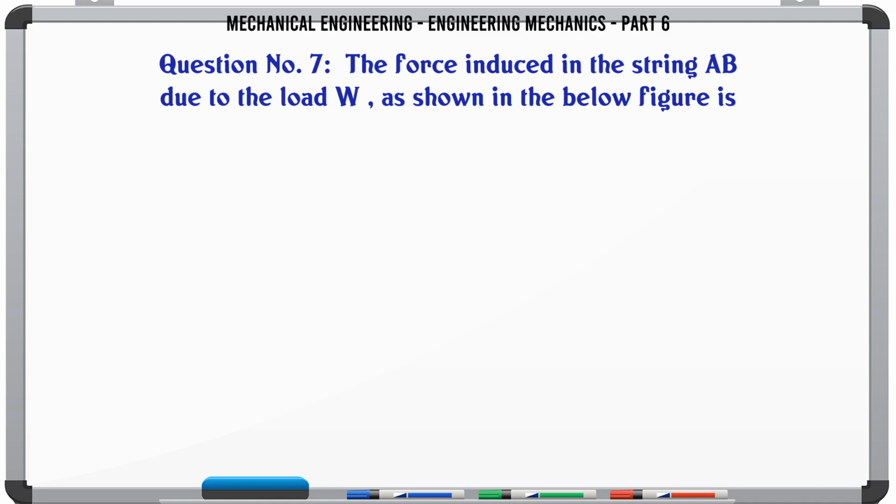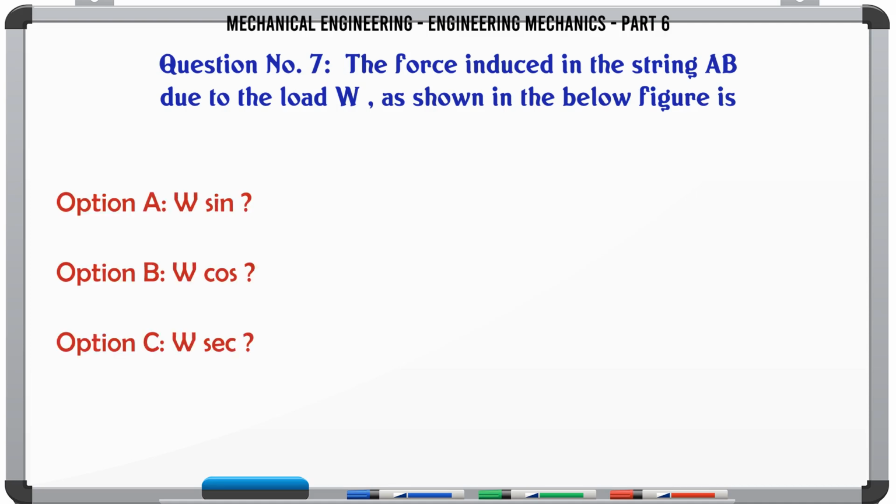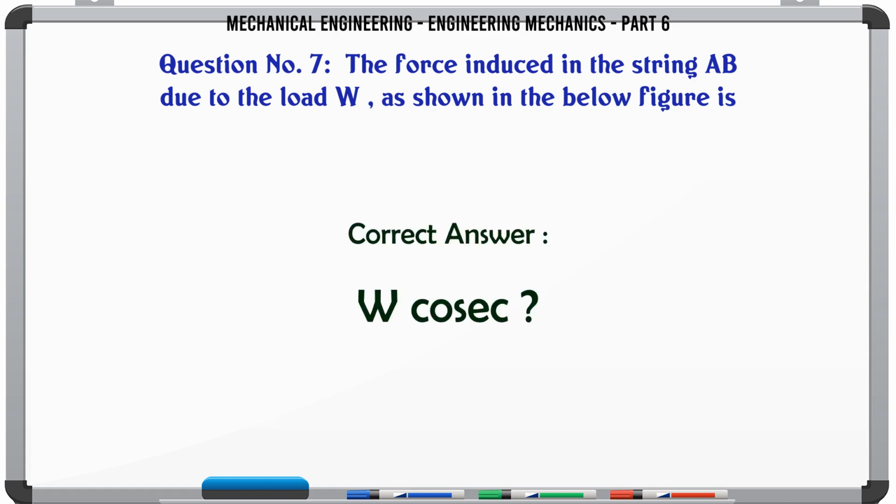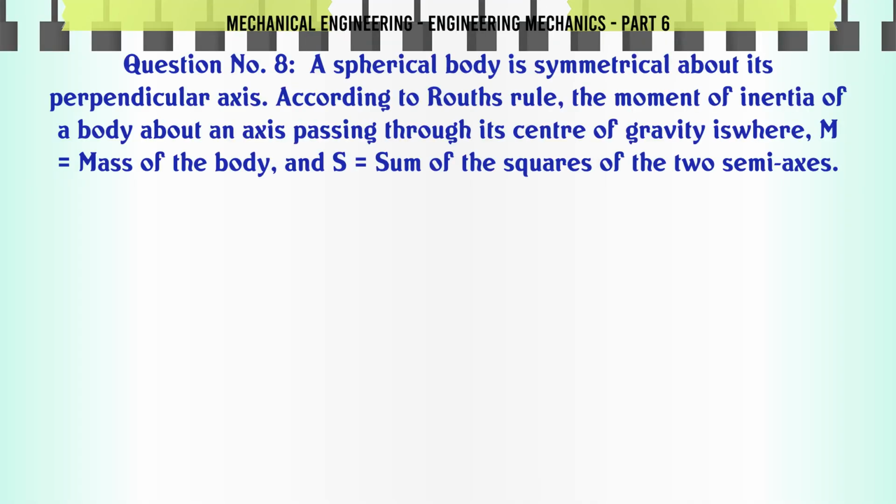The force induced in the string AB due to the load W as shown in the below figure is: A) W sin, B) W cos, C) W sec, D) W cosec. The correct answer is W cosec. A spherical body is symmetrical about its perpendicular axis.